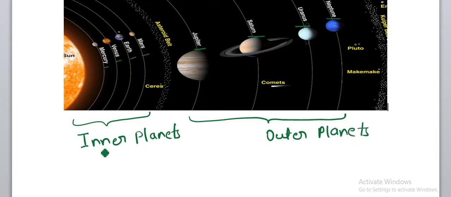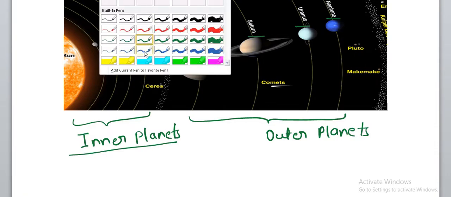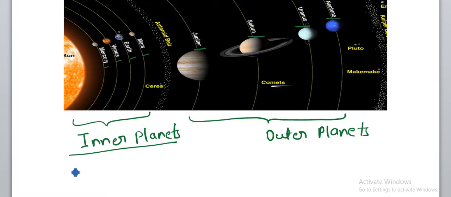Now these inner planets are also called terrestrial planets. Terrestrial or rocky planets.